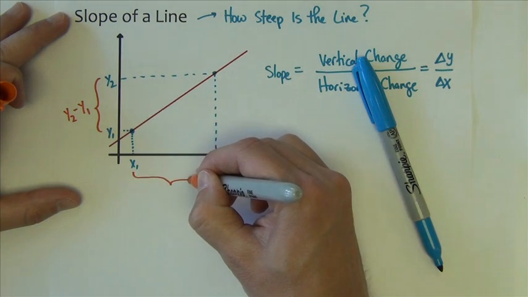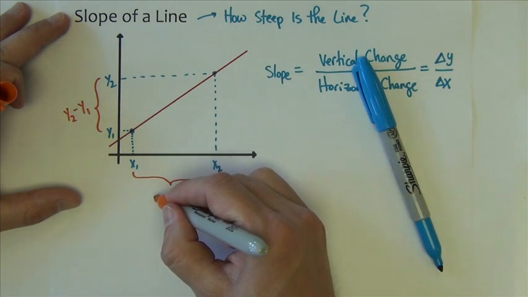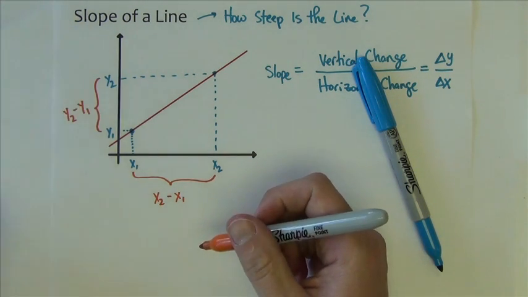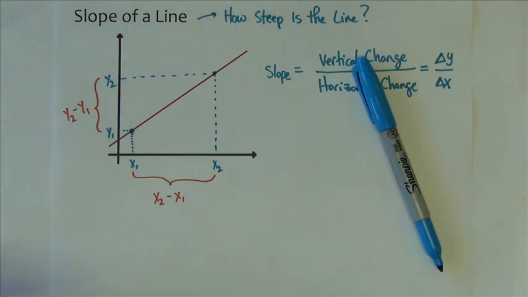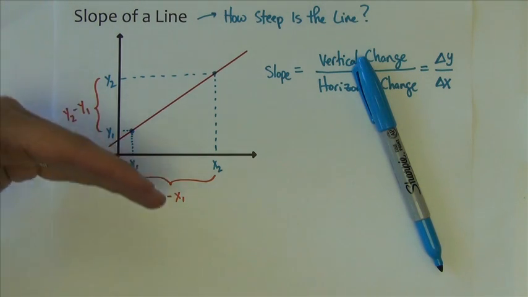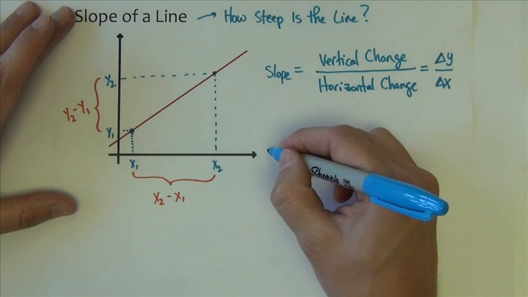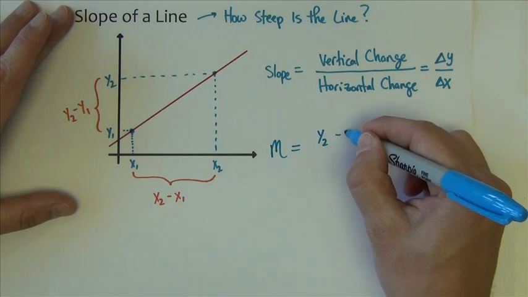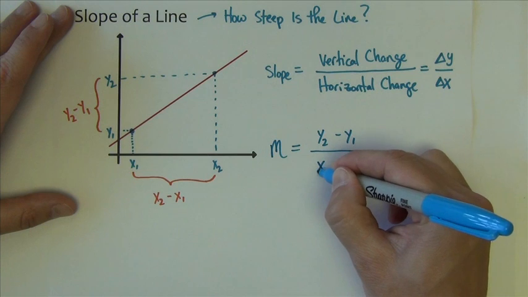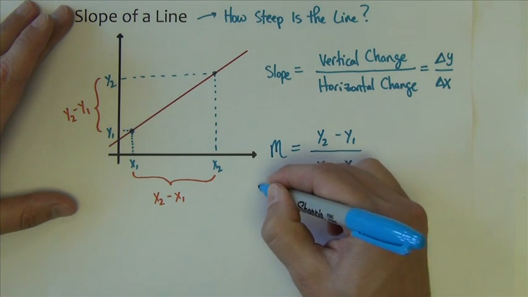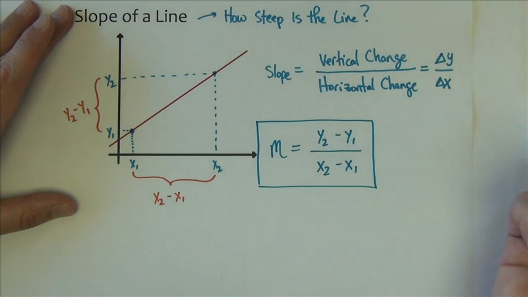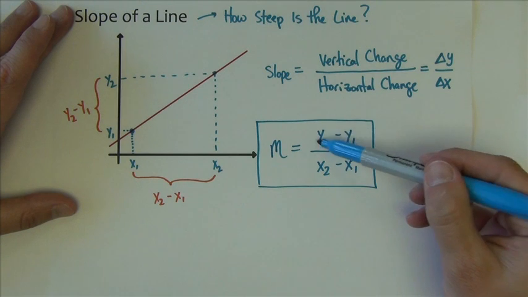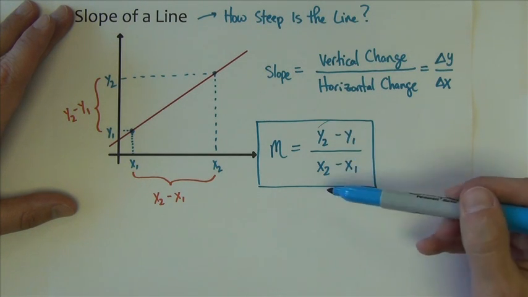The change between the x1 and the x2 would be their difference, x2 minus x1. That would give us a measure of how far we've gone from one point to the other, horizontally and vertically. So we define slope, typically labeled with the letter m, to be y2 minus y1 divided by x2 minus x1. In other words, it's just the difference of the y's divided by the difference of the x's. Vertical change divided by horizontal change.